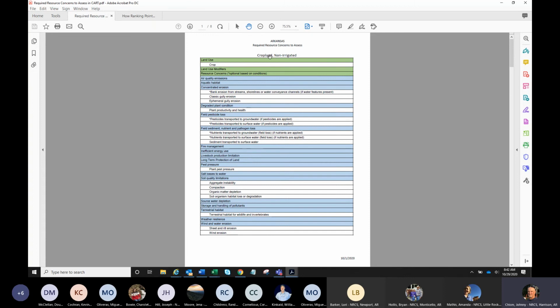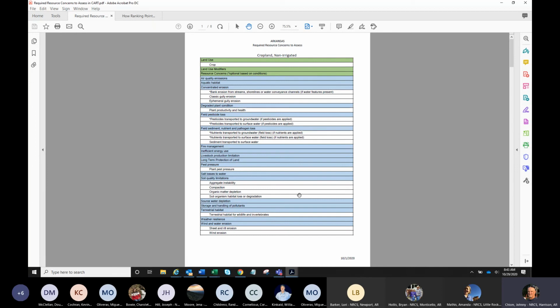So that's one reason why, on these required resource concerns that we put in here, we went ahead and included wind erosion in the cropland one. So go ahead and assess it. It's like, why wouldn't you? Because it calculates it automatically. You don't even have to answer any more questions for wind erosion than you do for sheet and rill erosion, because it uses the same question to determine the cover.